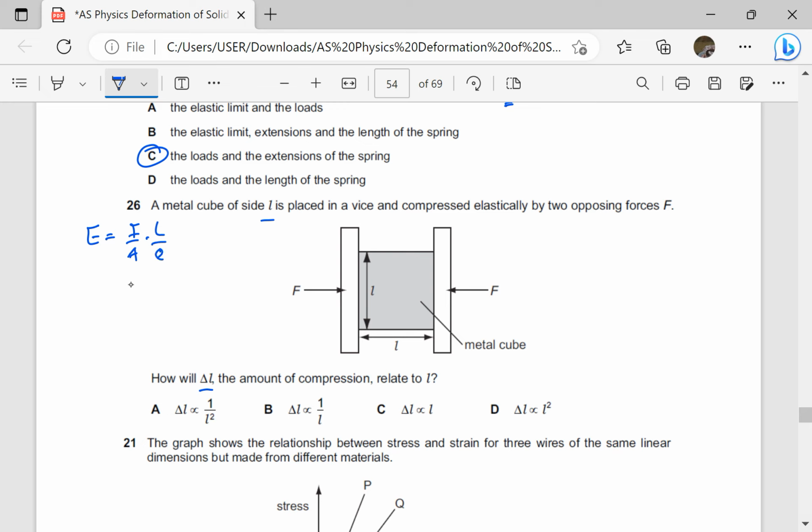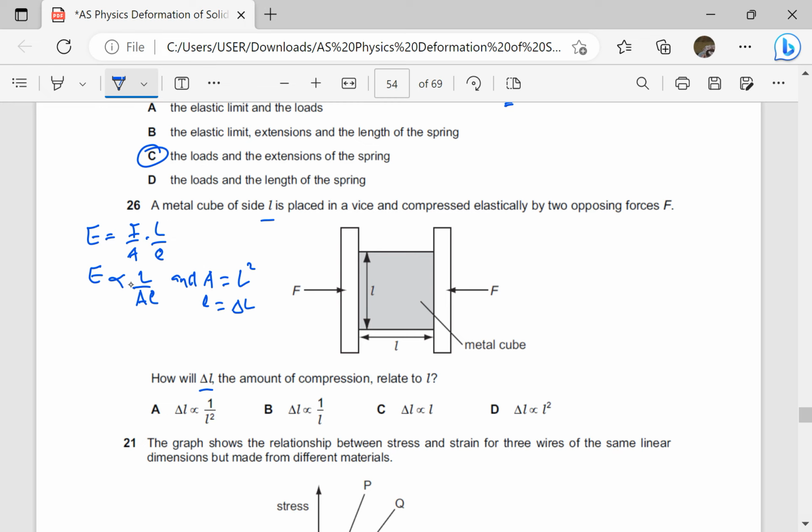So if the same load is applied, we can simply leave F out and we say Young modulus is directly proportional to L and inversely proportional to A times E. Remember, cross-sectional area is going to be L times L, which is L squared. And extension is going to be the difference in L, so it is delta L.